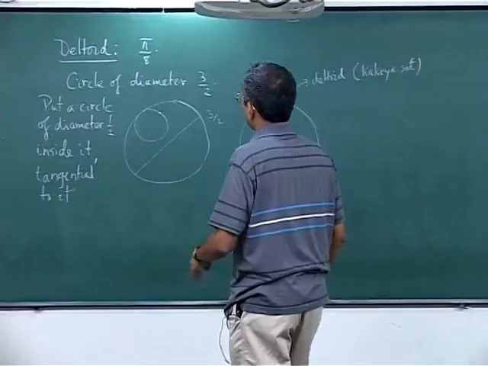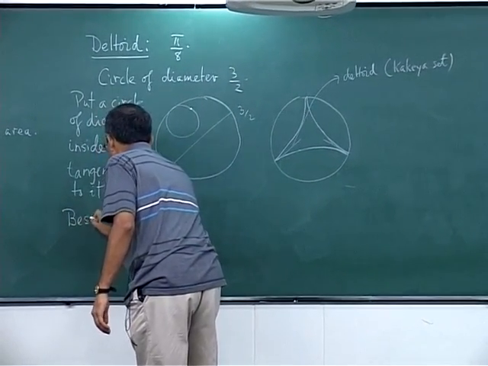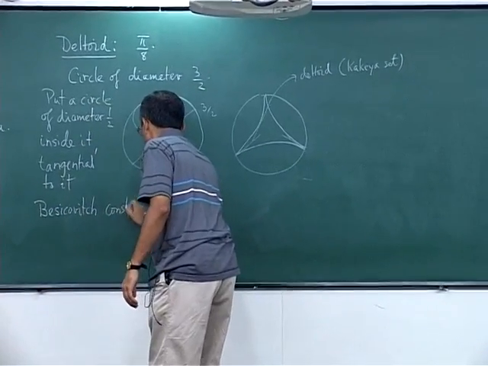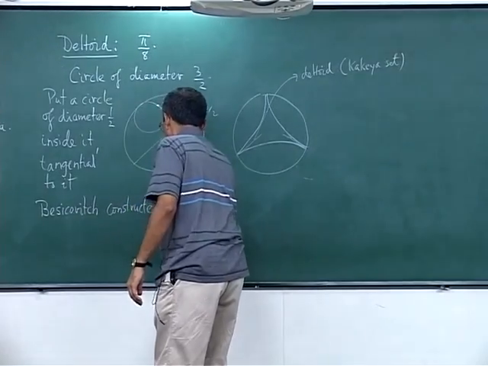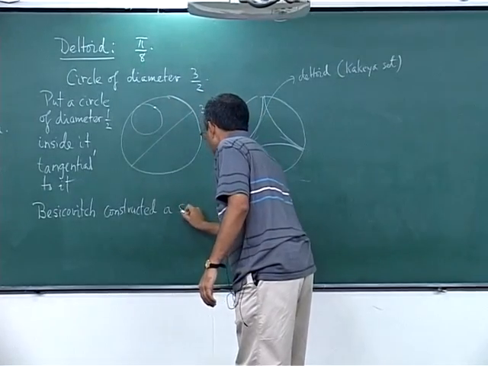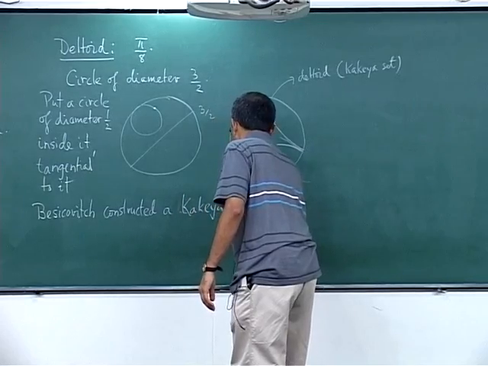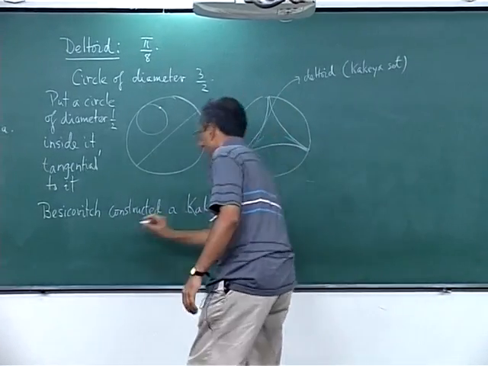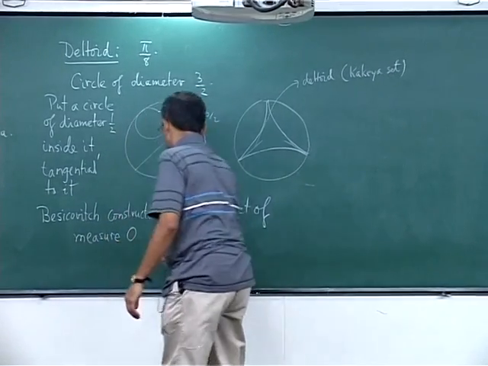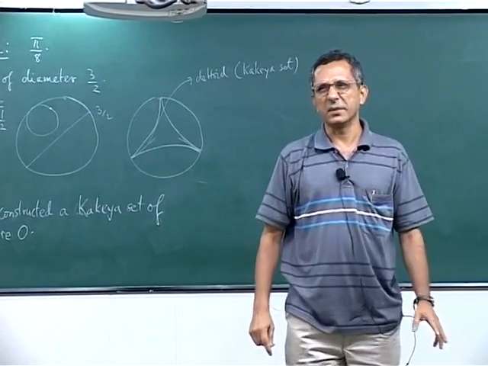It turns out that by refining the deltoid construction, somebody called Besikovich has constructed, a couple of centuries ago I think, I do not know when, a Kakeya set of measure 0. Measure 0 roughly means area 0.